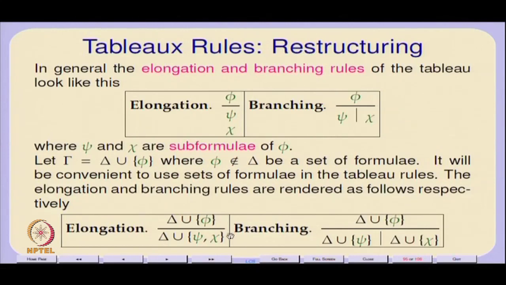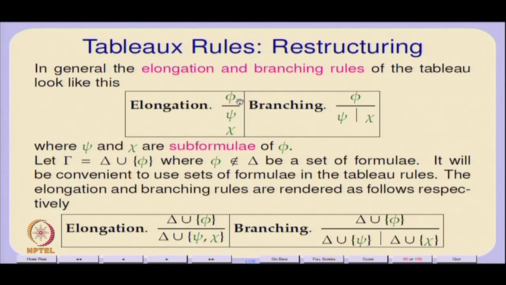the elongation rules as essentially being of this kind. So, if there is an elongation rule in the original tableau calculus of this kind, then essentially we can think of an elongation rule in which we start with a set of formulae gamma, in which we choose one formula phi, to which to apply either an elongation rule or a branching rule, depending upon what the root operator of that formula is.